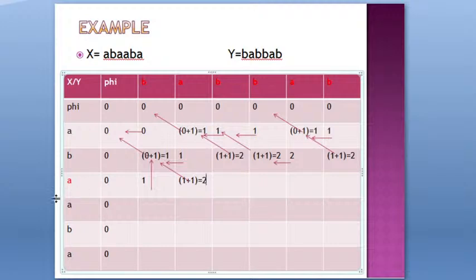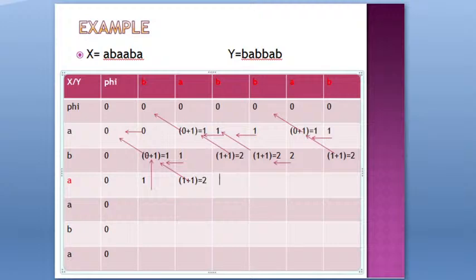A with B. A with B not matched with each other. So I can take any value from the maximum value between the previous row and previous column. Now check, both have the same value. Here also my value is 2 and in the second place also the value is 2. So you can take any value from these two values.